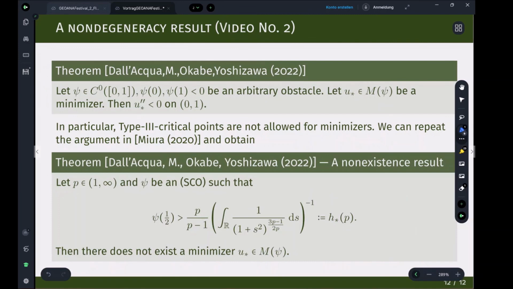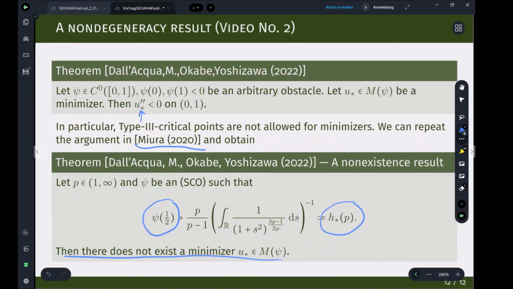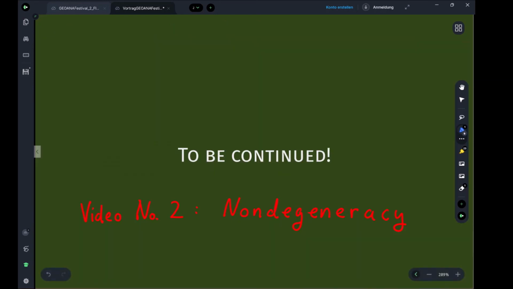And therefore we can repeat the arguments that we just saw with the polar tangential angle, and we can obtain that if our obstacle is higher than the height of such an inflectional p-elastica, I call this h star of p, then one obtains a non-existence result: there cannot exist a minimizer in M of C. Okay, so if you want to learn more about why this second derivative is strictly smaller than 0 in the interior, then we will talk about that in the next video. See you then.